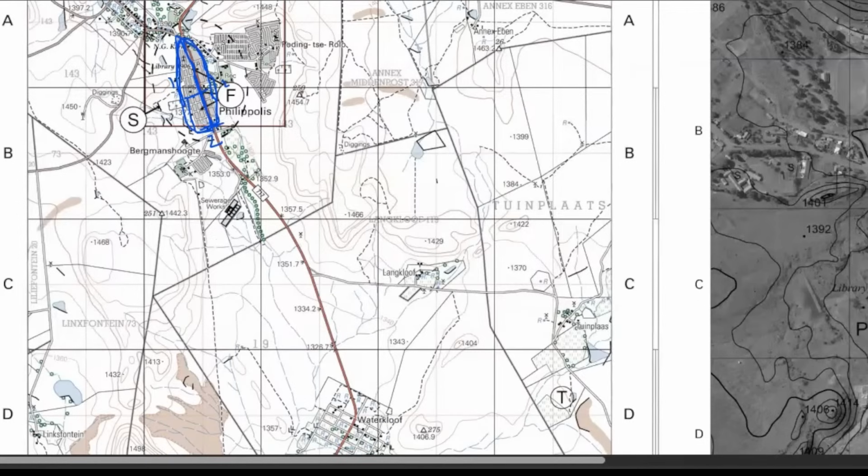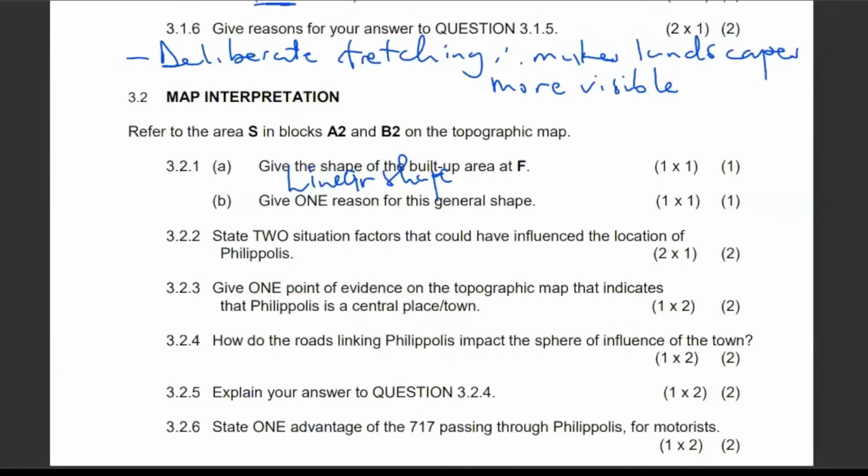So the major reason for having a linear settlement in that area is that the shape is influenced by the road, R717, because the buildings are ultimately following that route.